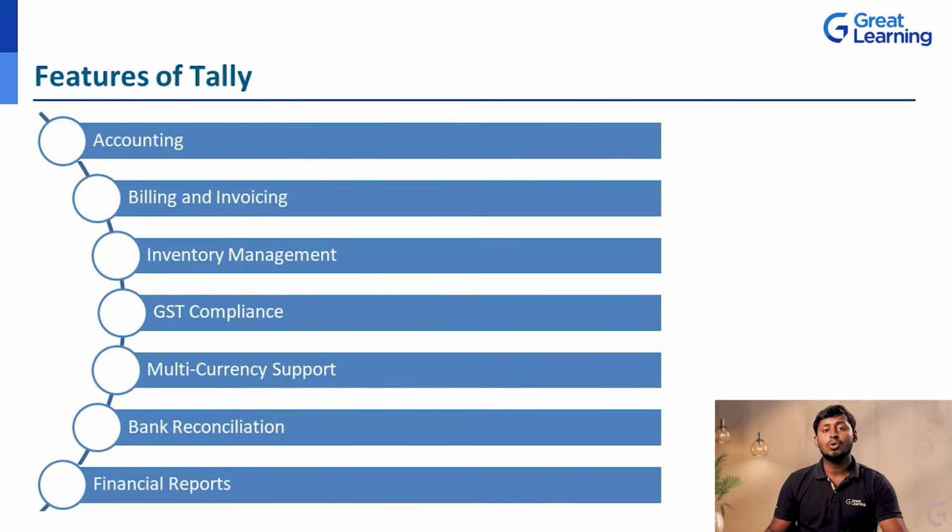Next, the features of Tally, or the characteristics of Tally software. First one, accounting. This is the major feature of Tally. Earlier days, if you remember, organizations maintained big ledger books, correct? Like 200 pages or 500 pages of ledger books to record the transactions and prepare the books of accounts. But nowadays, no companies are maintaining these ledger books.